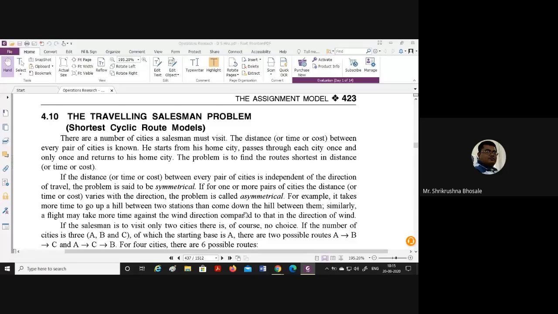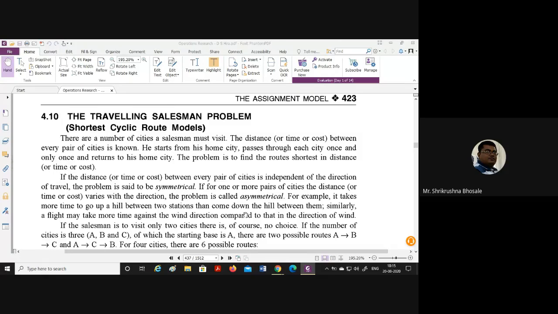Then the distance between cities is given to us. So can you tell me what is the distance between Pandharpur and Pandharpur? Hello? 0. Anybody? 0. So for the home city, that means from that city to that city the distance is 0.